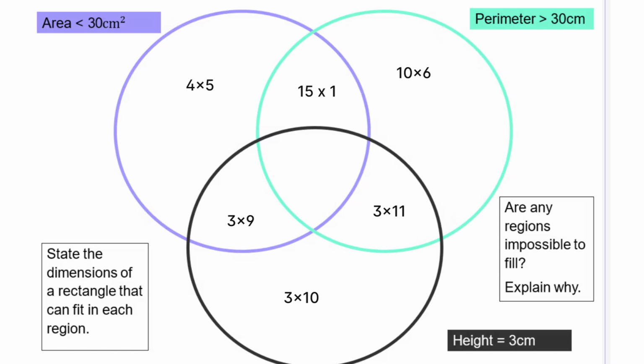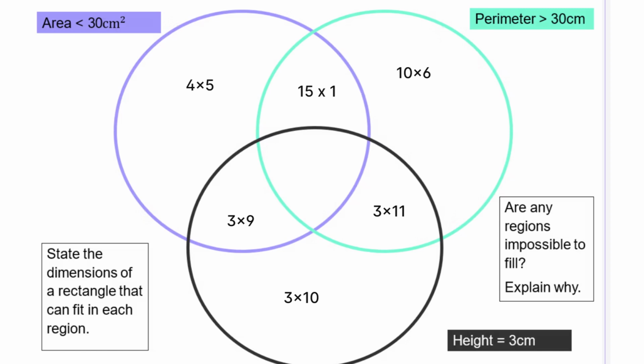All of these have a height of 3 centimetres. This one, 3 times 11, the perimeter is greater than 30, but the area is not less than 30, whereas the 3 times 9 gives us an area of less than 30, but the perimeter is less than 32, so we can't pop it into this central one.